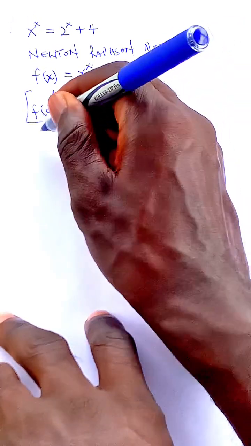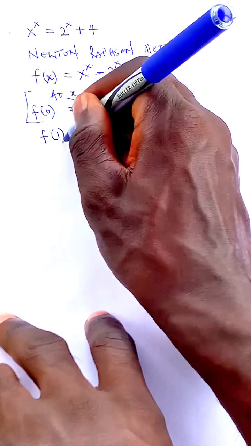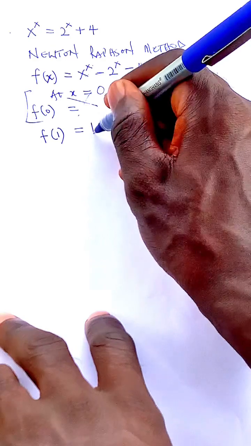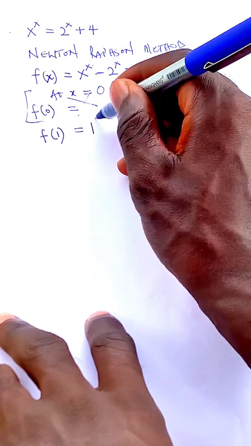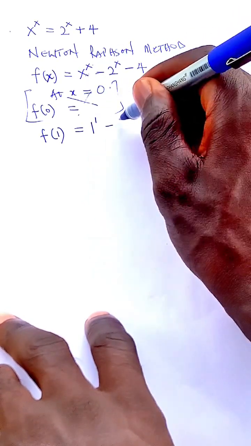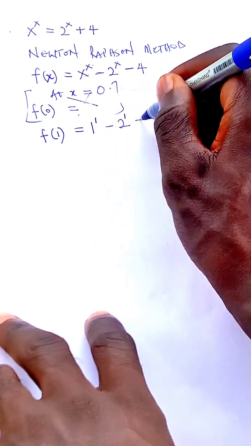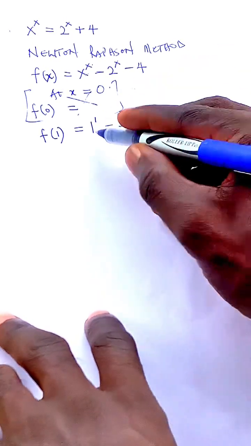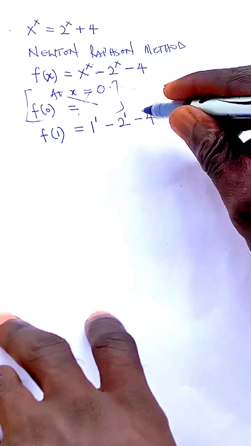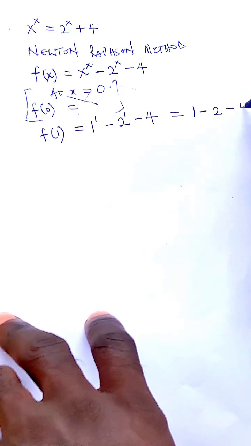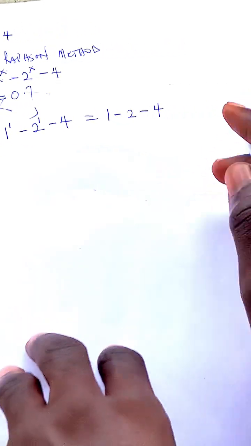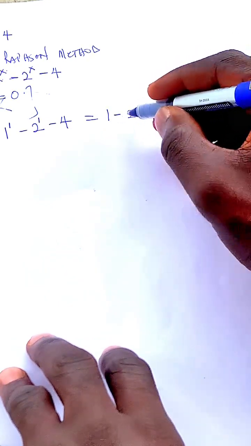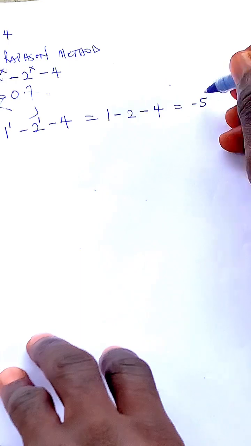Now let's take x equals 1. At x equals 1, here will be 1 to the power of 1 minus 2 to the power of 1, then minus 4, which is 1 minus 2 minus 4. 1 minus 2 is minus 1, so here is minus 5.